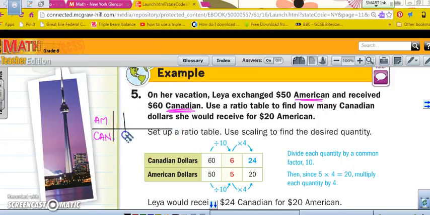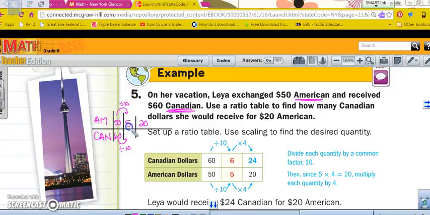Okay? So, we have $50 American to the $60 Canadian. We need to get down to $20 American. Well, I can't go from 50 to 20. So let's divide these both by, let's try 10.